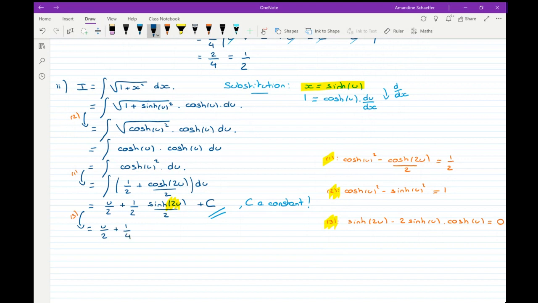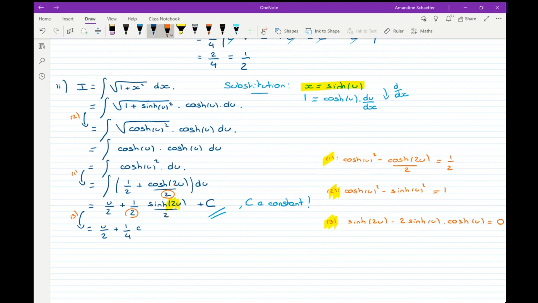Sinh of 2u is the integral of cosh 2u, which is sinh 2u over 2. So if you look at this 2 is this one, and then I got the integral of cosh 2u, sinh 2u over 2. So in the end, I have 2 times 2.